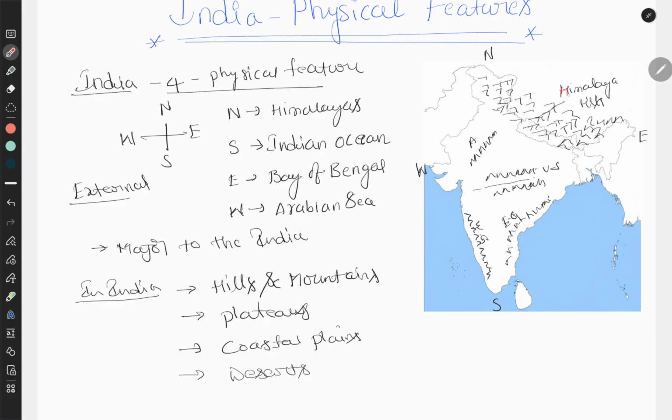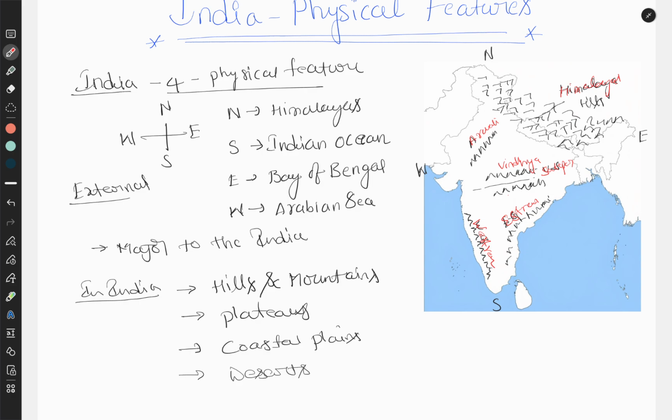These are the Himalayas. These are the Aravalli hills. These are the Vindhya Satpura hills ranges, Eastern Ghats and Western Ghats. These are the major Indian topographical features within India.